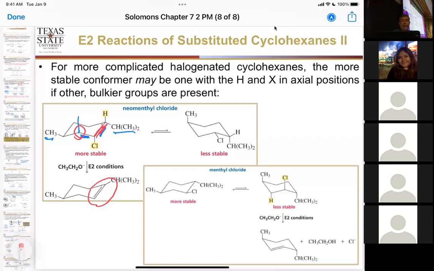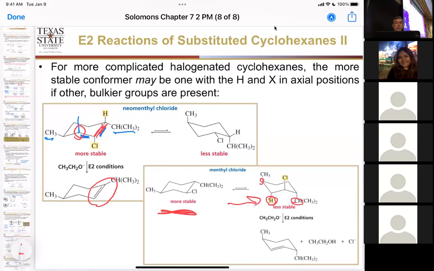But what if we had a different isomer right here? If we had the different isomer, the chlorine is in its equatorial position, and the methyl group and the T-butyl group are all in equatorial positions. This one can't react because there's no axial hydrogen. We have to wait for it to flip over to its more stable form. But look what happens when it forms that more stable form. The axial hydrogen is over here. There's no axial hydrogen here, and there's no axial hydrogen here.